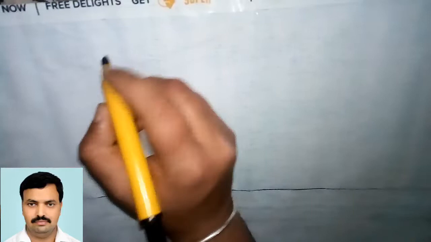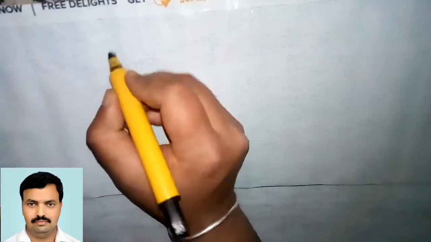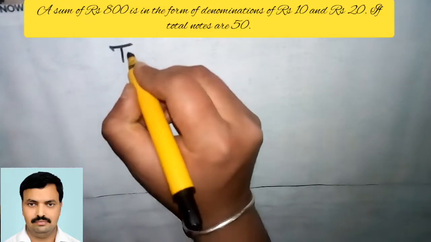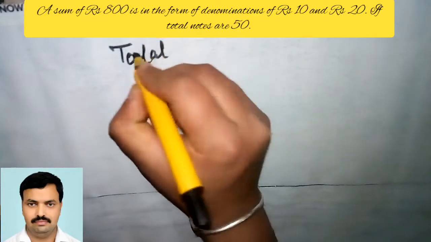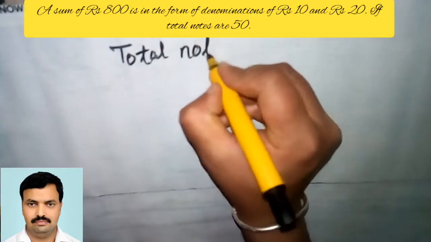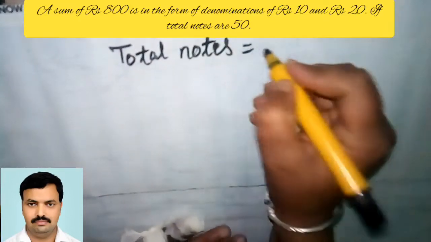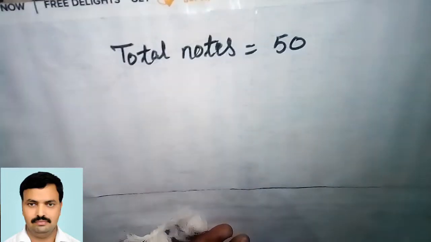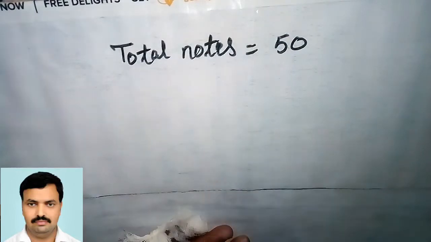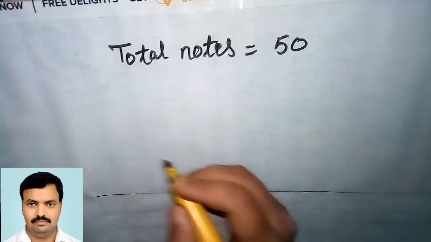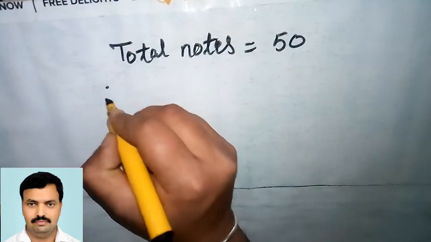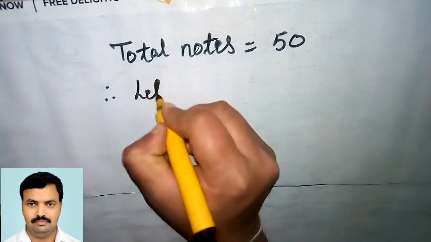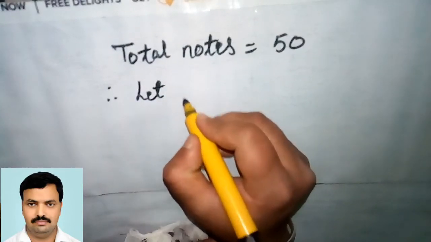Now remember the statements of your question. And what was given in the question? Total number of notes equals 50. In simple words, you have 50 notes in the form of 10 and 20.